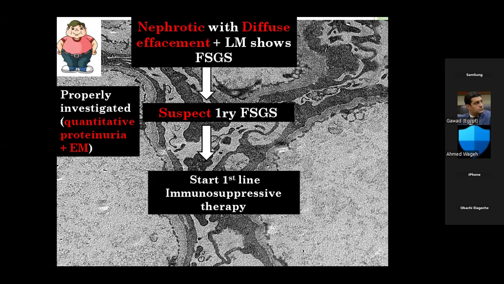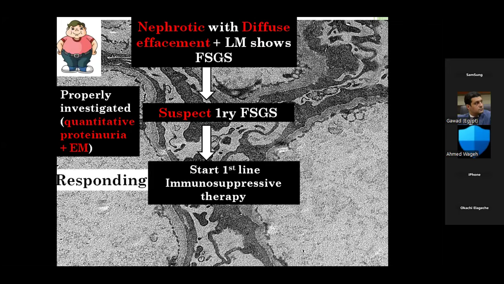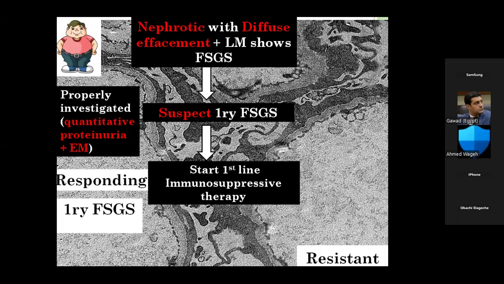He started immunosuppressive therapies and was responding. So this obese patient had the primary focal segmental glomerulosclerosis, not maladaptive or adaptive focal segmental glomerulosclerosis.